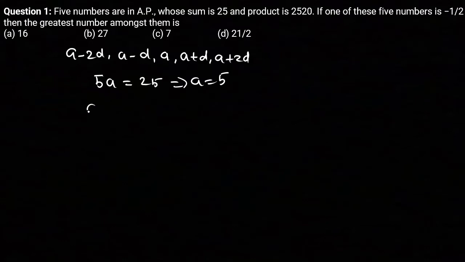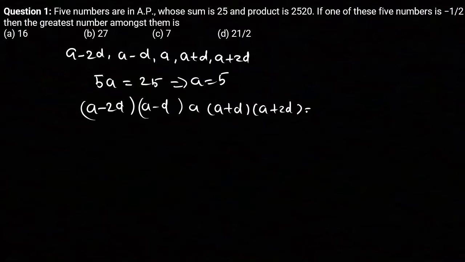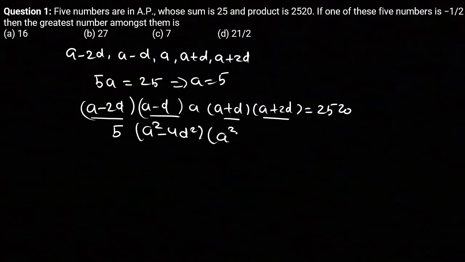So their product a, a minus 2d, a minus d, a plus d, and a plus 2d is 2520. So a is 5, and from these terms we can say that a square minus 4d square into a square minus d square is equal to 2520.